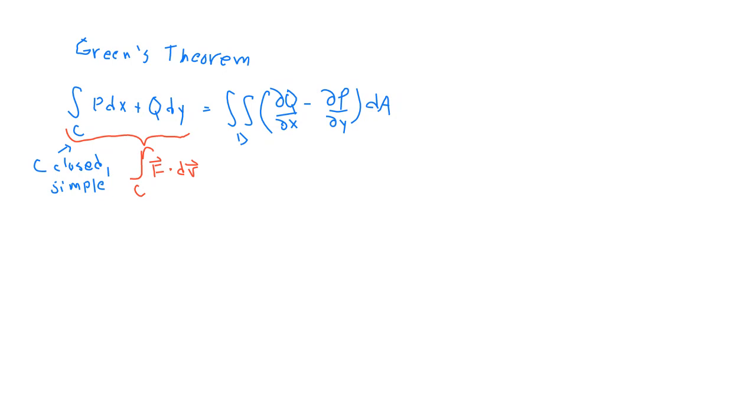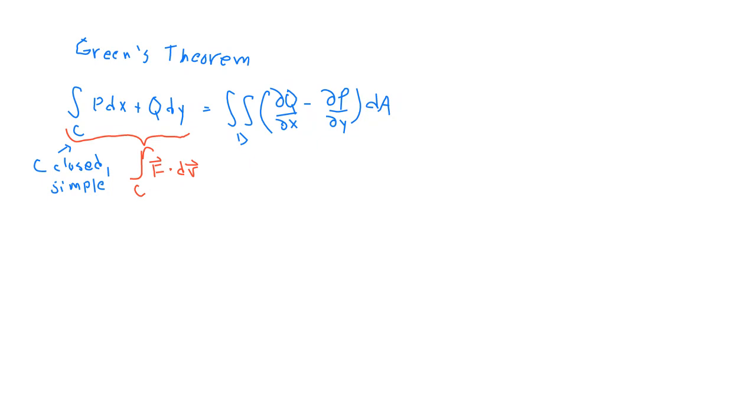Find the work that the vector field F does in moving this particle once around this closed simple curve C. Okay?